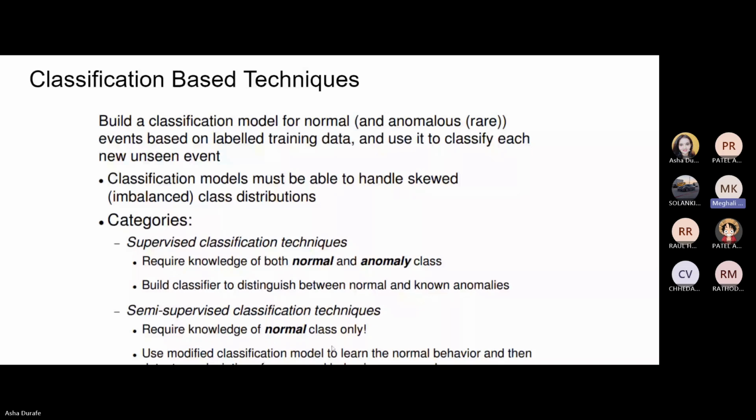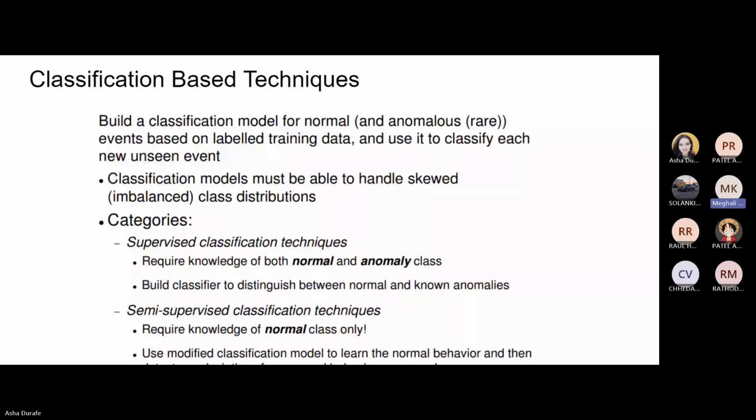You require the knowledge of normal class only here, and then you have to use modified classification model to learn the normal behavior and then detect any deviations from normal behavior. So whether you have some difference in the normal behavior at that instant, that is called a difference in the normal behavior. You tag it as anomaly.